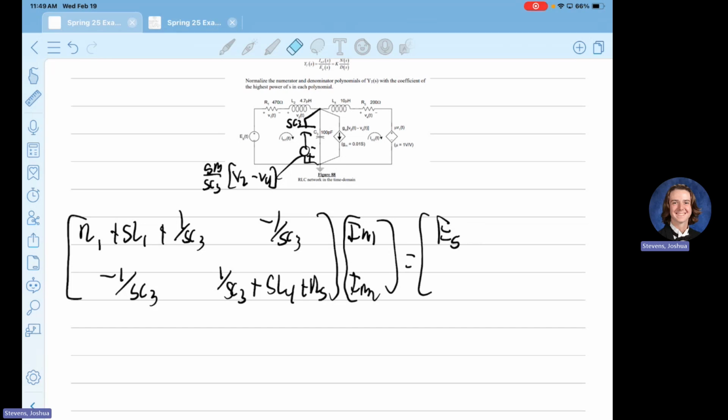I'm going to erase this S. It's going to cause me to lose room. That's not supposed to be a V2. All right. What's in mesh 3? 2. There's only two meshes. Well, what are the sources in mesh 2?